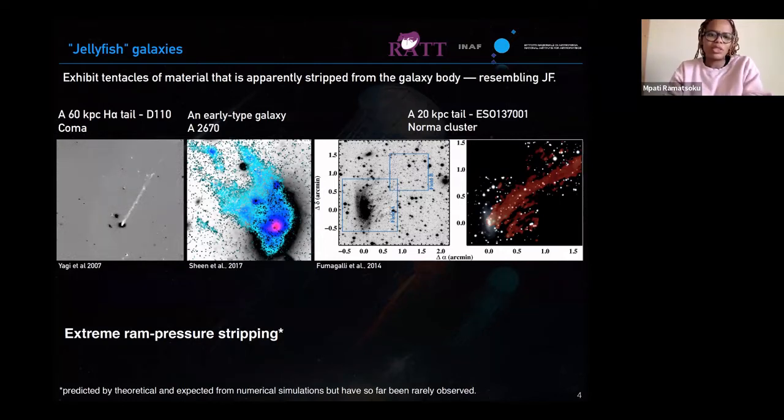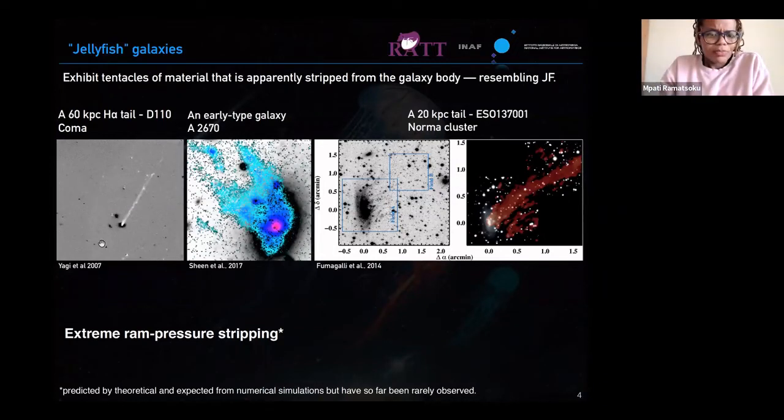Here I'm showing an example of a few jellyfish galaxies that we know of. The most famous, or the most well-known one, is the one in the Norma cluster, which has a 20 kiloparsec tail in H alpha, as is shown in this image over here from a paper from a long time ago in 2014.